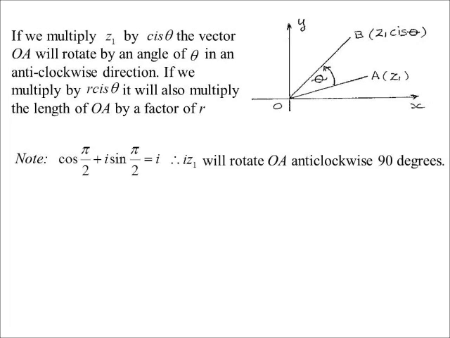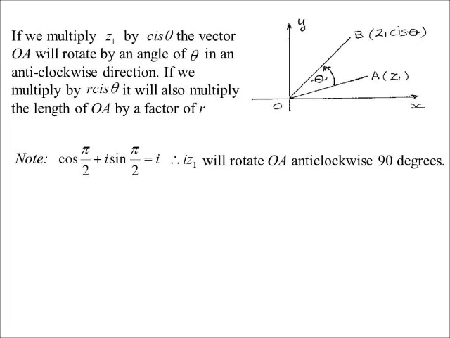The multiplication by i, I talked a little bit about this yesterday, but it is important. Cos pi on 2 plus i sine pi on 2 is i. So iZ1 will rotate anti-clockwise 90 degrees. And if you remember when we first looked at the Argand diagram, I put that one in there. If we multiply by i, that point moved 90 degrees. Multiplied by -1, it moved 180 degrees.